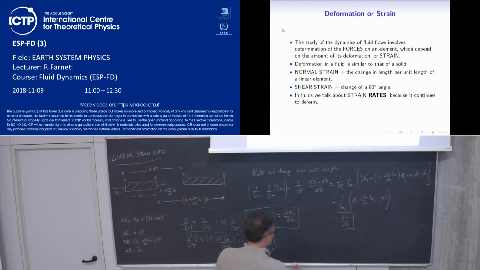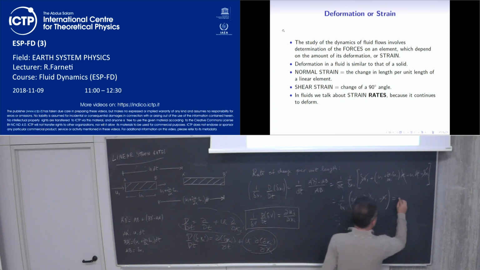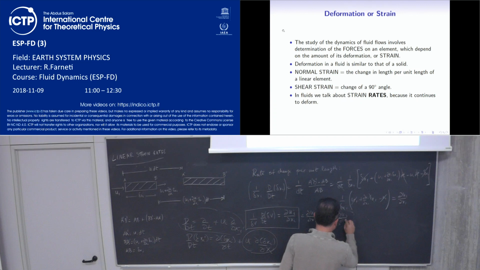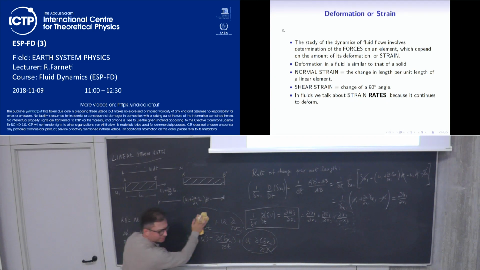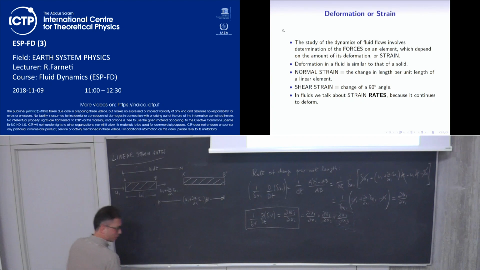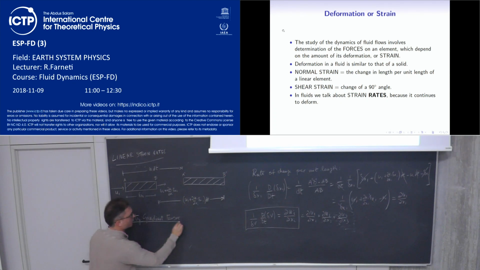So the linear strain rate is just... and now we can define a very useful tensor, which is called the velocity gradient tensor.